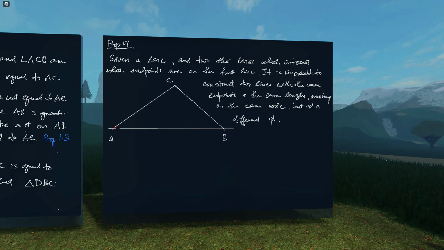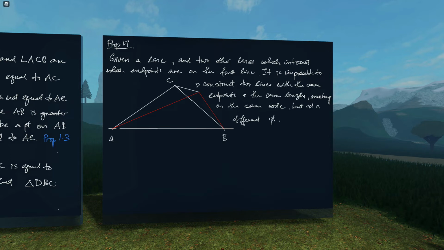Suppose we have another thing here, same lengths, then these are necessarily different points. So what we're going to do is, like we usually do, try to construct it and then derive a contradiction. And join up C and D here as well.